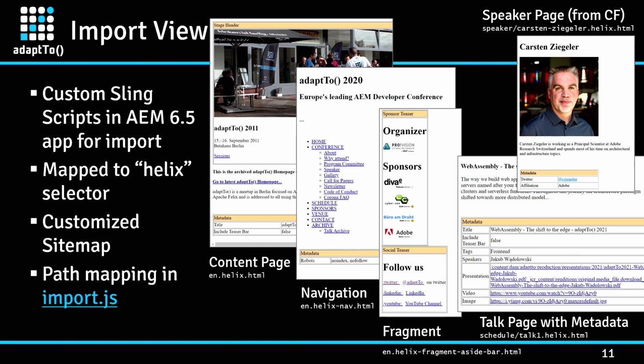We also implemented a customized sitemap because the importer relies on the sitemap to fetch all pages and added virtual pages in there. Because, for example, the navigation, there never was a dedicated view for navigation or application. We added just a special selector returning a navigation document, because in Franklin you store the navigation in a separate document, which then could be imported individually.